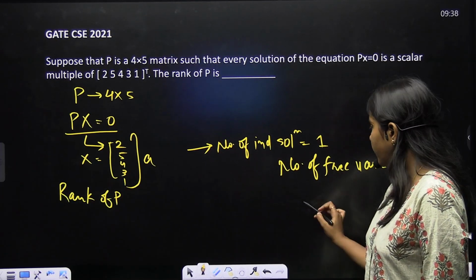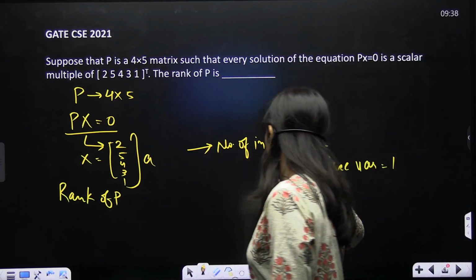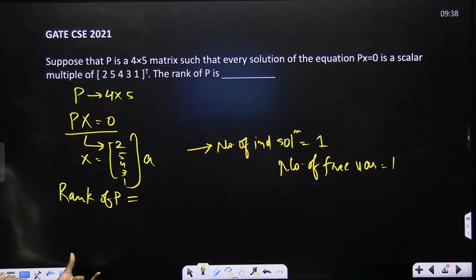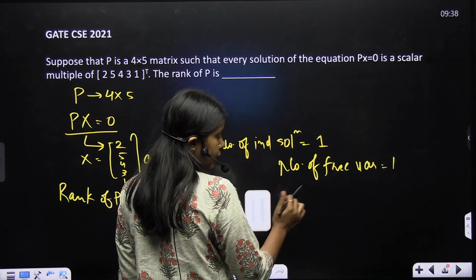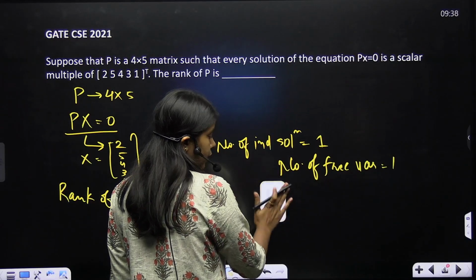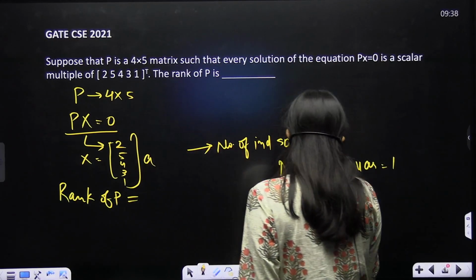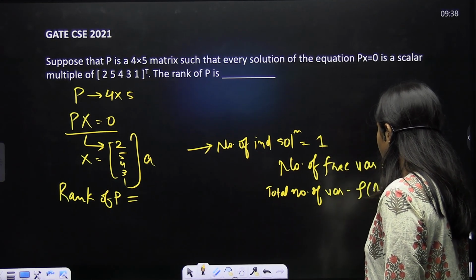And if number of free variable would be 1, then rank of P is what? What is my formula for number of free variable? That is total number of variable minus rank of A is equals to 1.